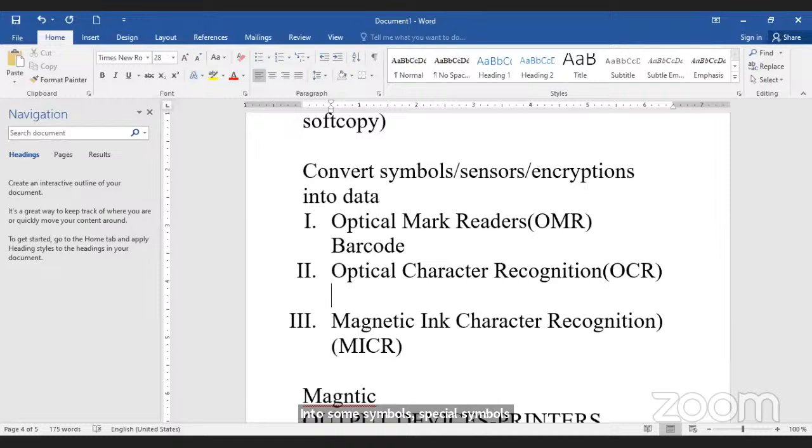So if I type a character, let me just check on my notebook. Yes, on my notebook I have a character. Let me assume this is my notebook.